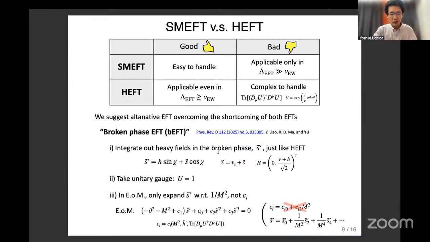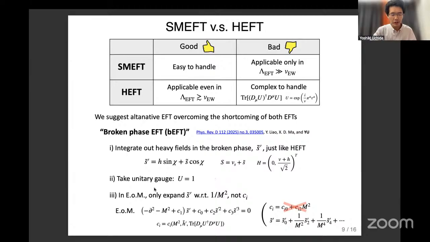For example, if we introduce a new scalar field S and it develops a vev, then the physical scalar field, I mean the mass eigenstate, is a linear combination of H and S tilde. So in our broken phase effective field theory, we first take these fields into the mass eigenstate, and then integrate out the heavy fields in the mass eigenstate in the broken phase, I mean S tilde prime. And this is just like the HEFT.